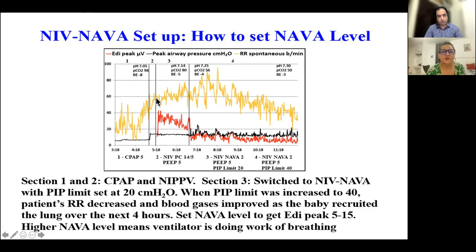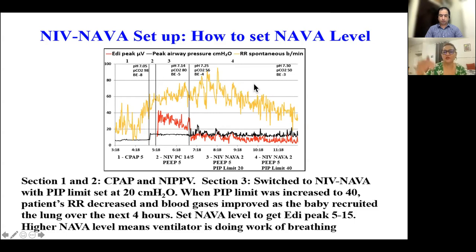From when you put the baby on NIPPV, it had got better to a pH of 7.14 and PCO2 of 80, but still it's not fine. Once you have put the baby on NIV-NAVA, you can see slowly, when you kept the pressure limit at 20, still the baby, because of very badly damaged lung, the pH is 7.25, but PCO2 is still 56.